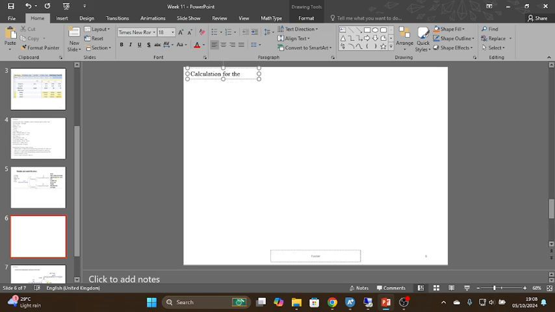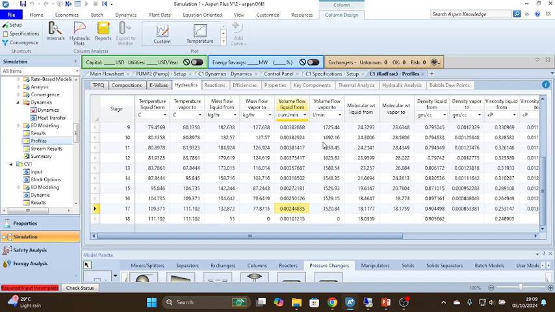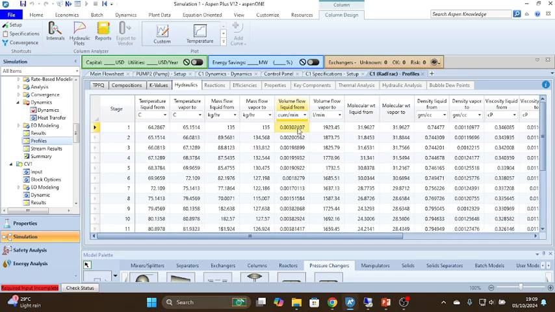Calculation for the length and diameter of the reflux drum. So what are the values that we have?